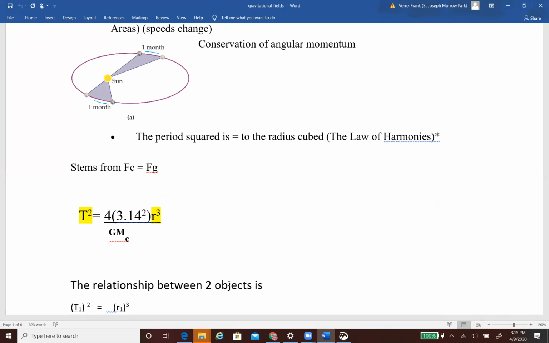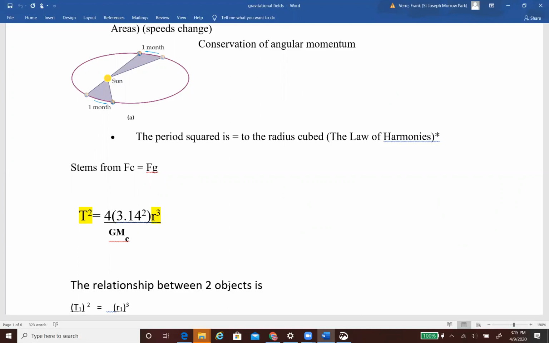When we set the centrifugal force equal to the universal law of gravitation, you get an equation for the period that looks like this, where the period squared is equal to 4 pi squared times r cubed over G times the mass of the central body. If you don't remember that, you can go back to your notes on centrifugal force.